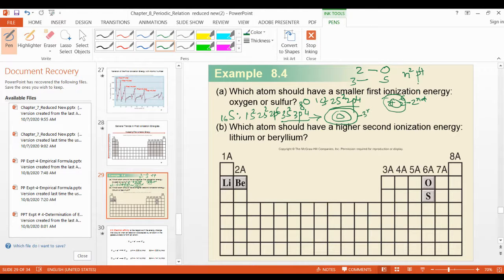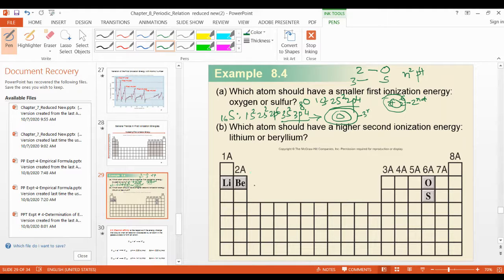So now there are 6 electrons here, and this has the third shell. From which shell can you easily remove an electron? Tell me now. From the third shell. Yeah, from the third shell you can easily remove. So which one has less energy to remove the electron? Sulfur. Sulfur needs less energy to remove the electron from the shell, as compared to oxygen.